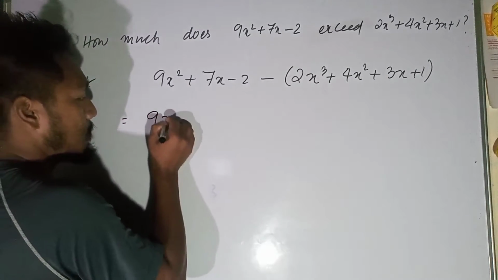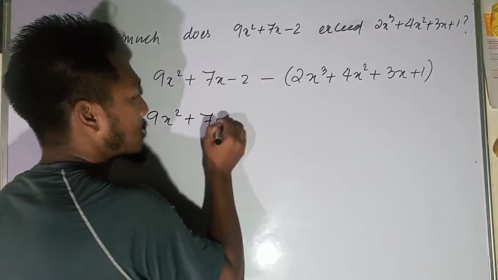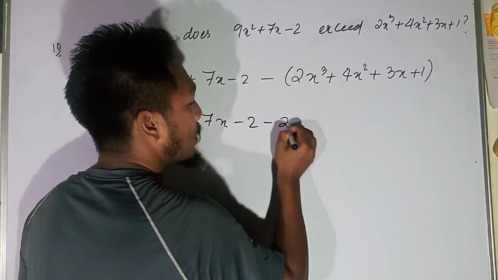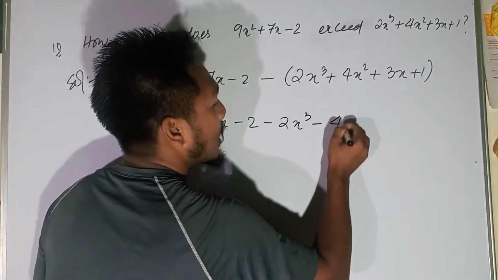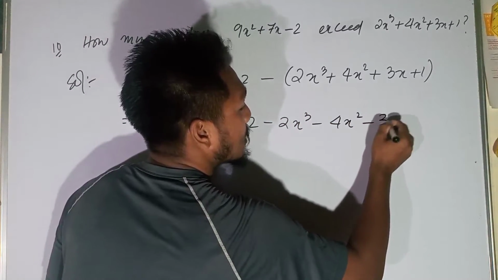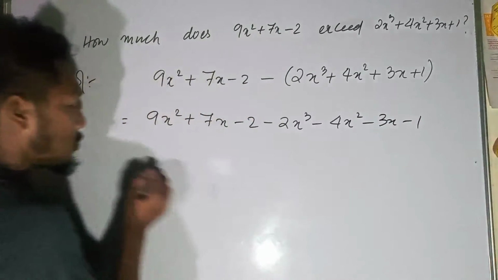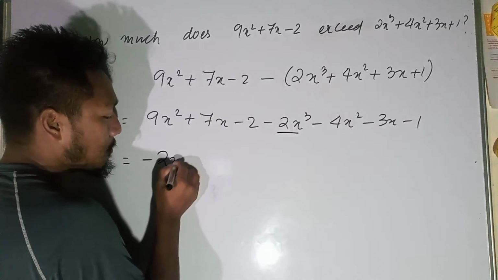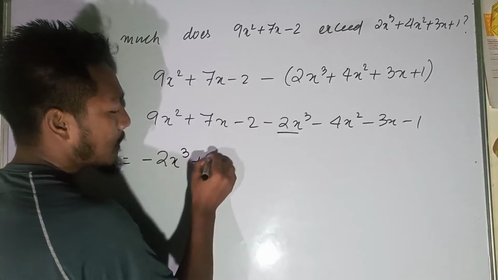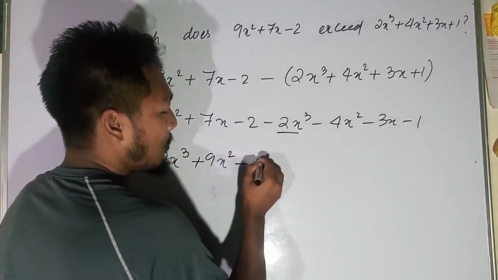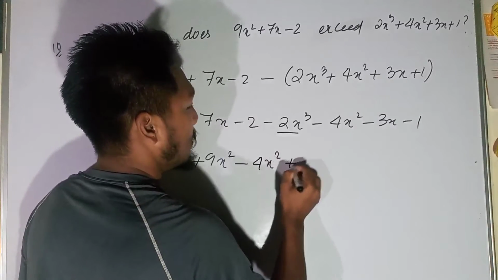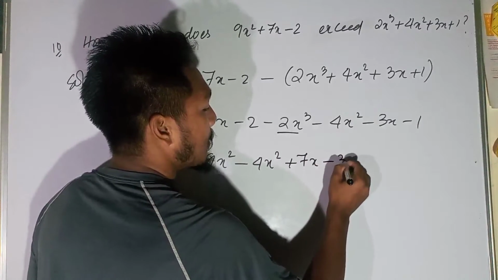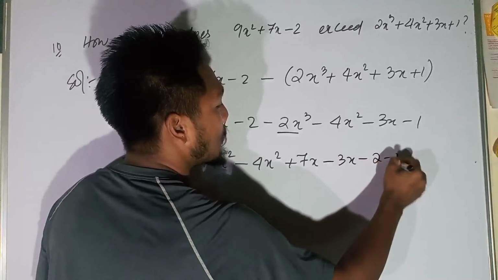That is 9x cubed plus 7x minus 2, minus 2x cubed, minus 4x cubed, minus 3x, minus 1. So I will write minus 3x cubed in front as the powers, then plus 9x cubed, then minus 4x cubed, then plus 7x, then minus 3, then minus 2, then minus 1.